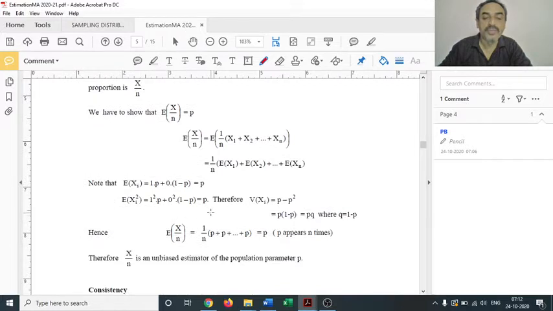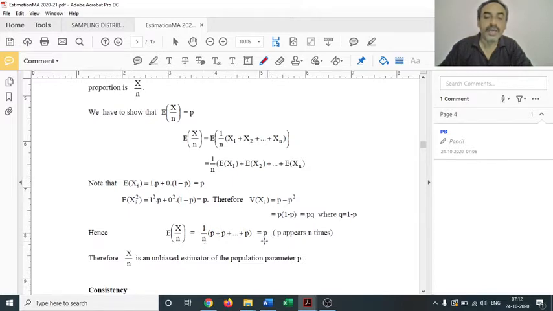E of xi square is equal to 1 square into p plus 0 square into 1 minus p. Therefore the variance of xi is p minus p square, that is pq, where q is 1 minus p. So when we replace all these E of x1, E of x2, etc., E of xn by p, it will be n times p divided by n, that is p.